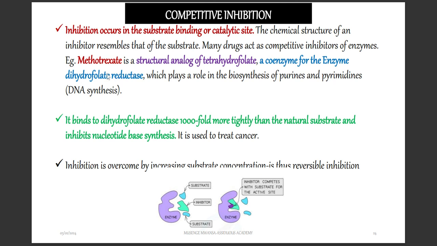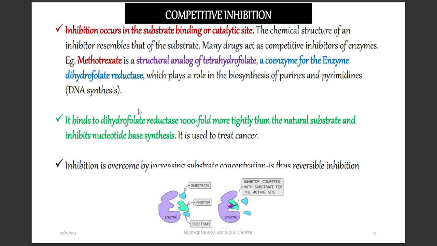So what methotrexate is going to do is bind to the active site of this enzyme. So the coenzyme tetrahydrofolate can no longer bind to it, because the enzyme is not having its coenzyme. It means that it can no longer work, right? So take note of this. Know the enzyme here, the coenzyme, and also the inhibitor. What kind of inhibitor is it? It is a competitive inhibitor.